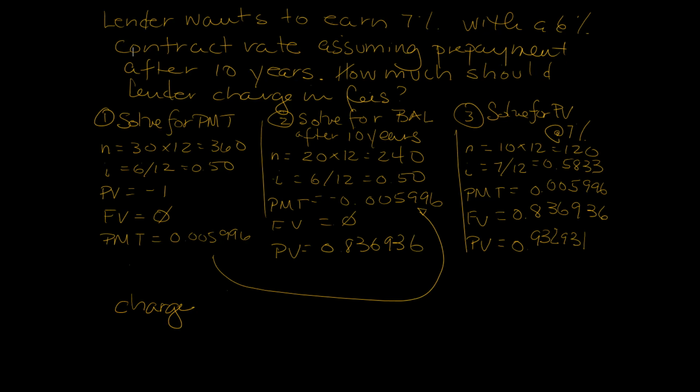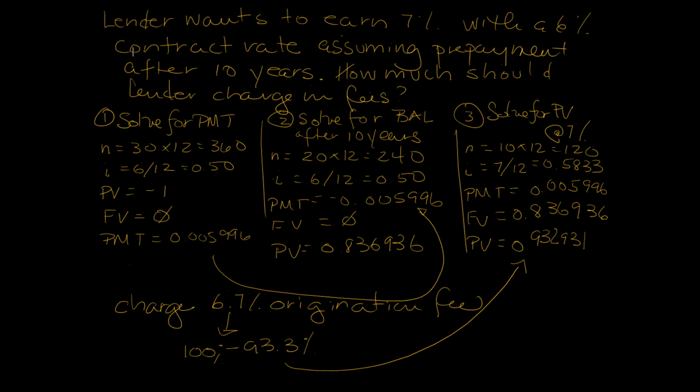We solve for the present value and we'll get 0.932931. So that means that in order to achieve a 7% yield, the lender is going to have to disperse 0.9329 or a little more than 93 cents for every dollar borrowed.